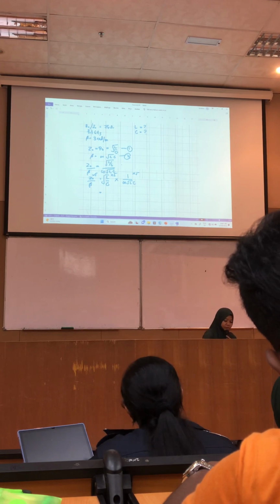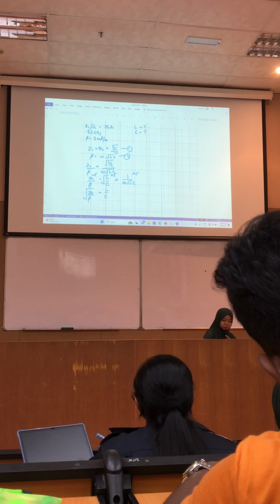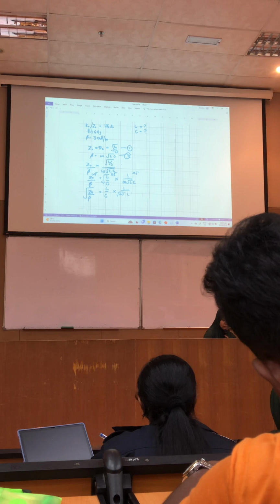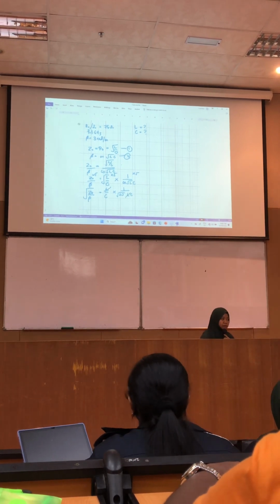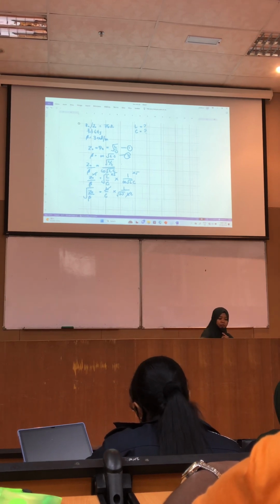So Z naught beta square root. This one is left with L over C times 1 over omega square root LC. We can cancel L with L. Follow?